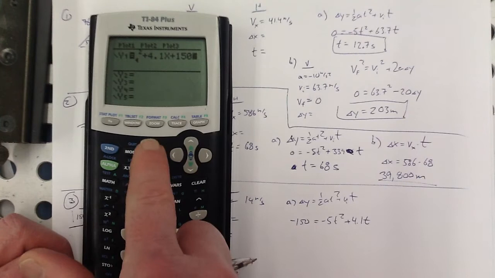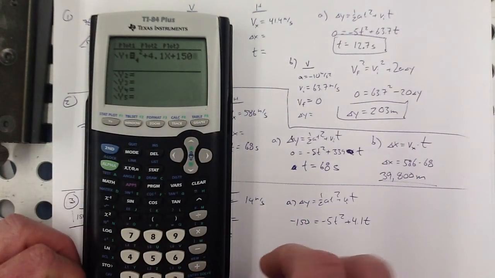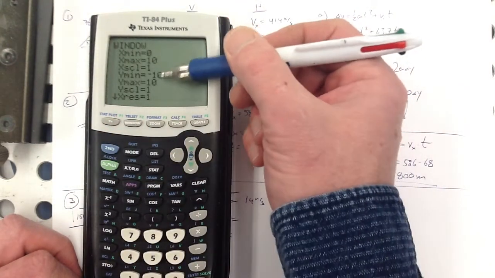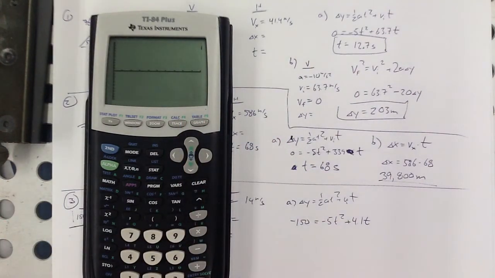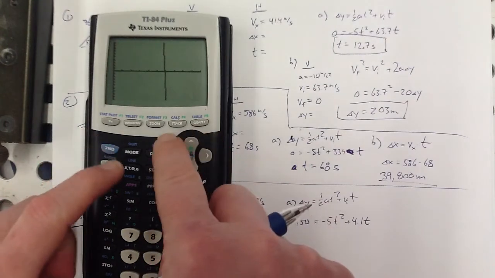If you're reusing like I am, just make sure you delete anything that's left over at the end. And I think my window should be good, right? I've got my 0 to 10 and my negative 10 to 10, so that all looks good. And there it is, somewhere between 0 and 10, right?